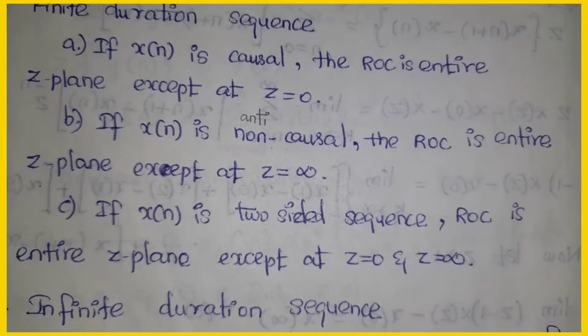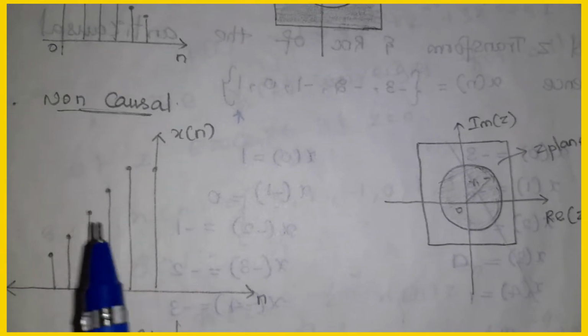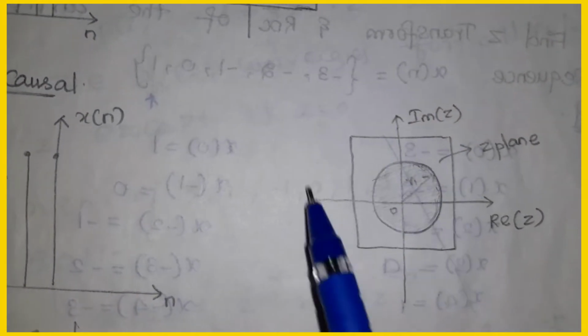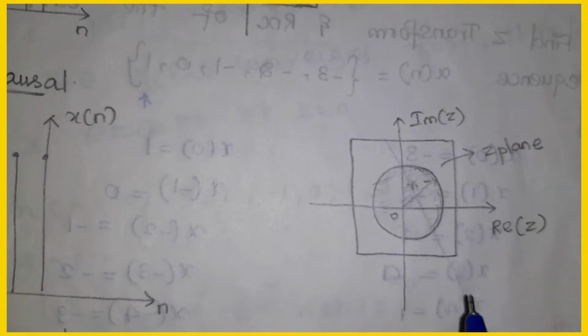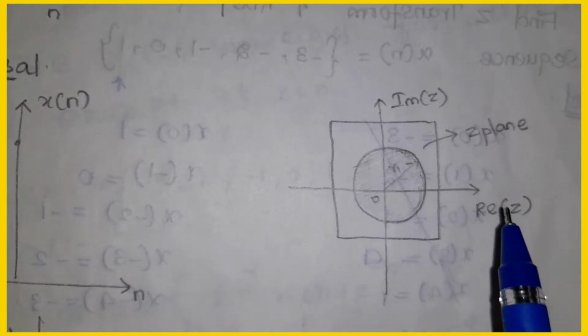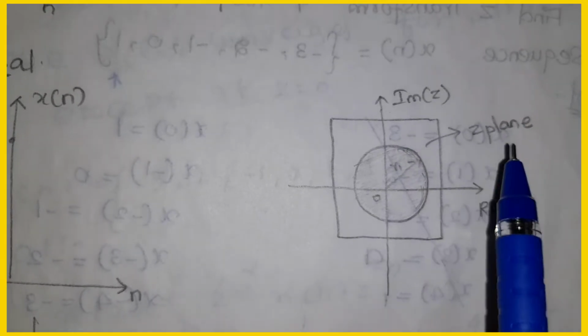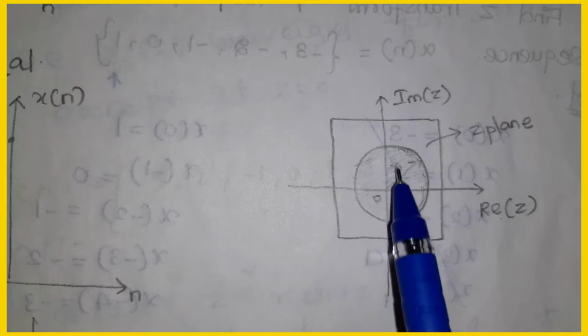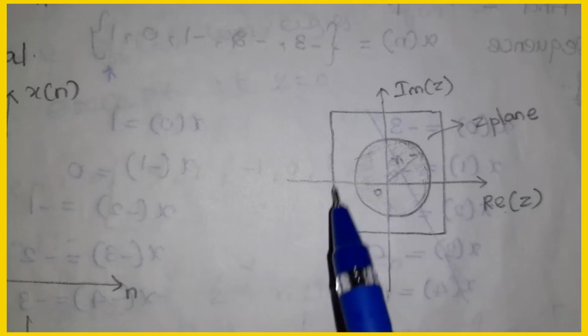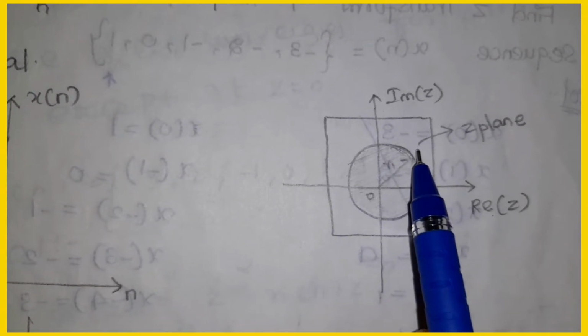I will show the diagram. For example, this one is the non-causal. We are taking some value x of n. From this region, we have to know what the non-causal system is. This is the real axis. This one is the imaginary axis. This is the Z plane. From this Z plane, the region of convergence is the entire Z plane except Z equal to infinity.